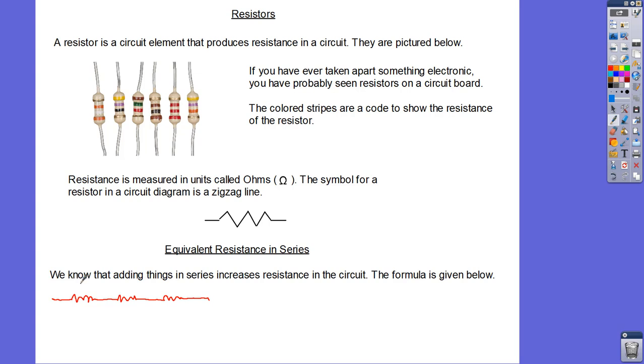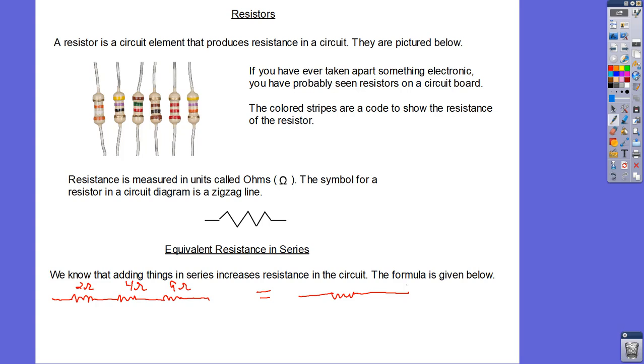And let's say that we have 2 ohms and 4 ohms and I don't know, 9 ohms. So the question is, what would be the one resistor that's an equal obstacle to the flow as those 3 put together?